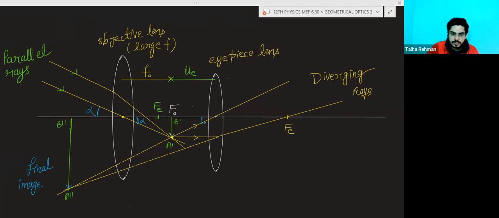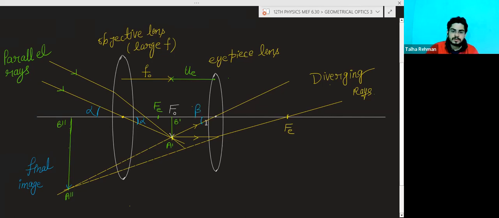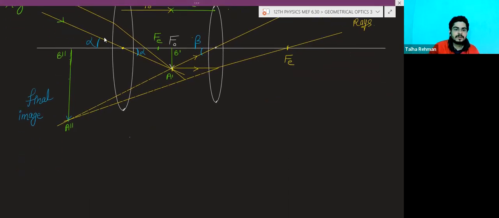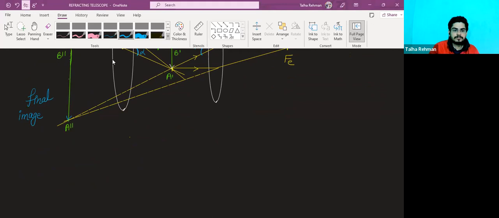You can say this angle will be beta. So you have to find beta by alpha, the visual angle formed by the final image divided by the visual angle formed by the object. So the magnification you want to find will be beta by alpha.